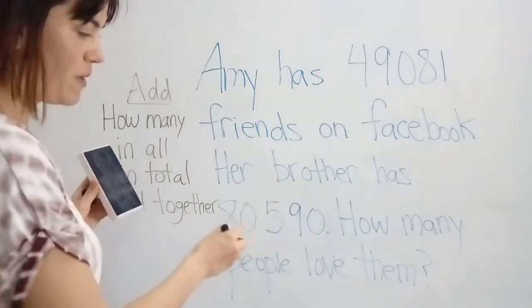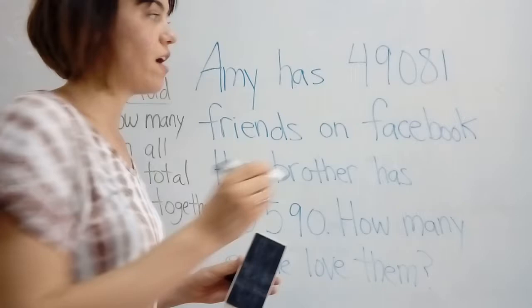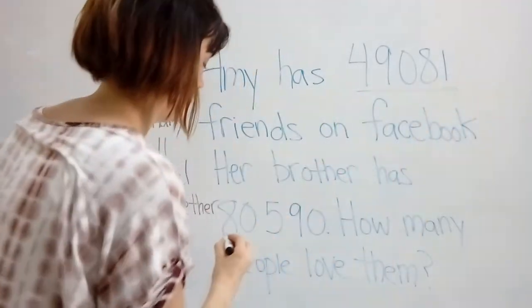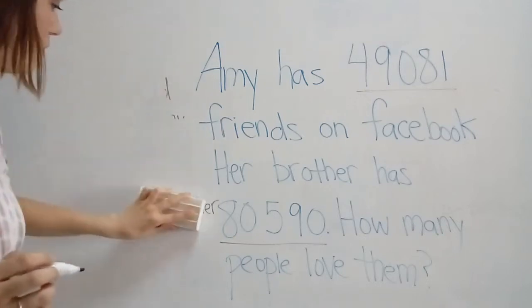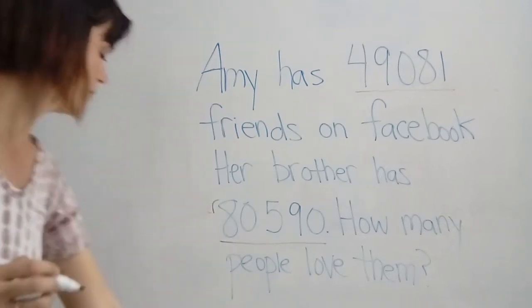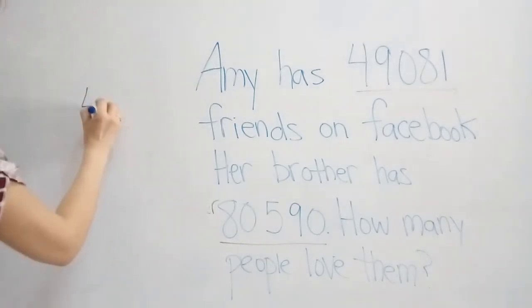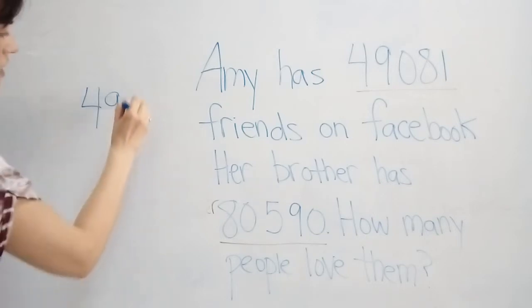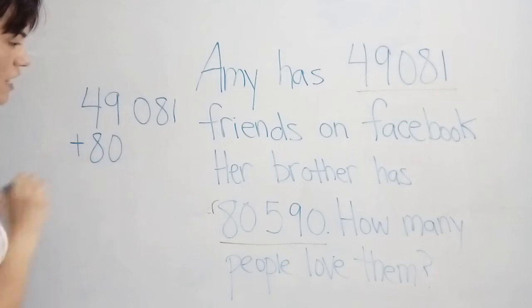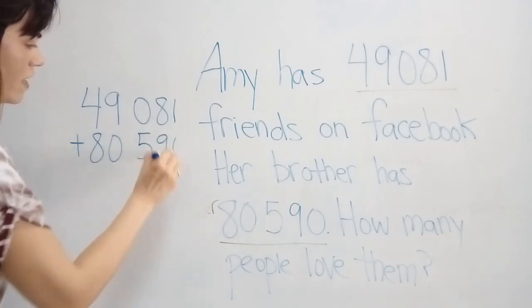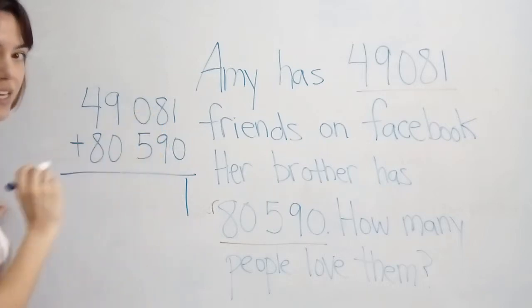So it says how many people love them. So that means I'm going to add. I'm going to now underline my numbers that I'm going to add. 49,081 plus 80,590. 1 plus 0 is 1. 8 plus 9.